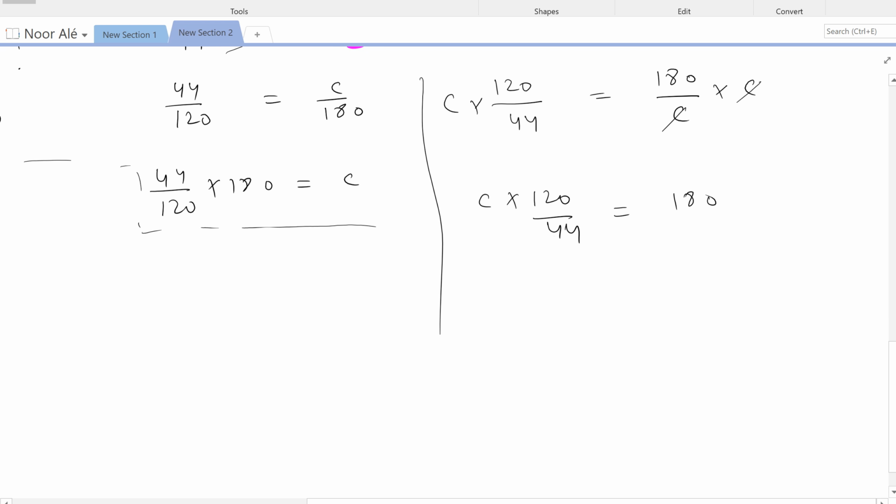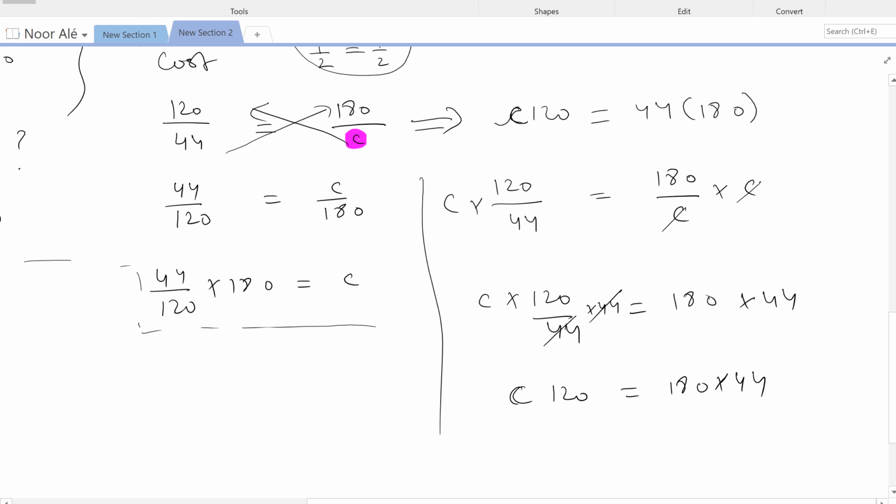In order to get rid of 44, you times both sides by 44. This 44 cancels, so you got C times 120 equals 2, and that's the same thing that your shortcut is teaching you right there. It's the same thing. So that's the reason behind it.